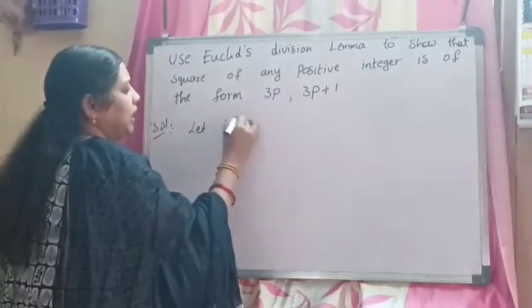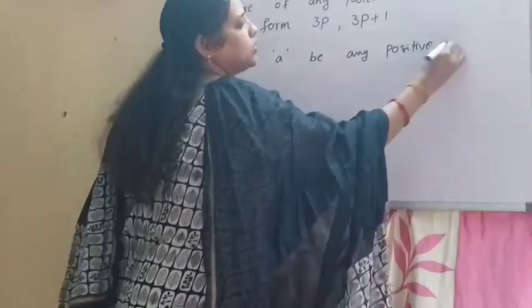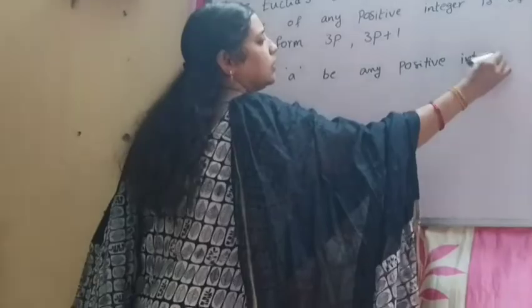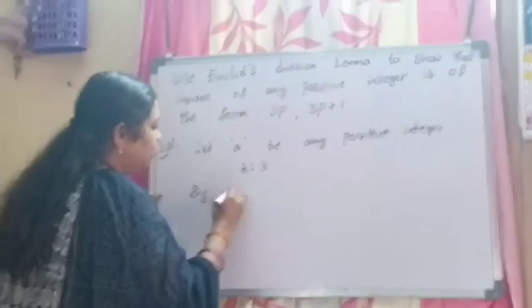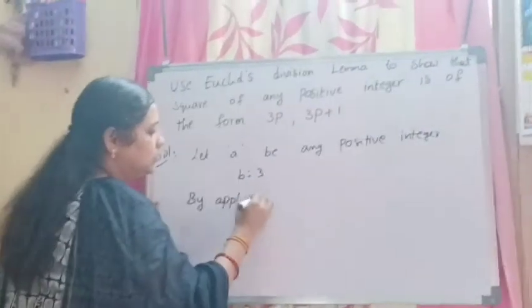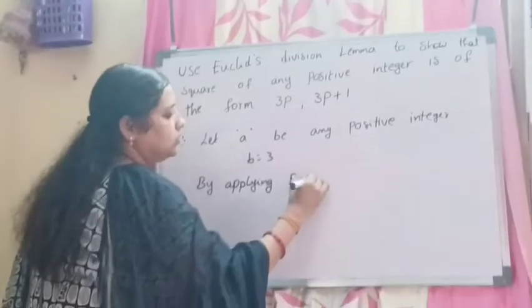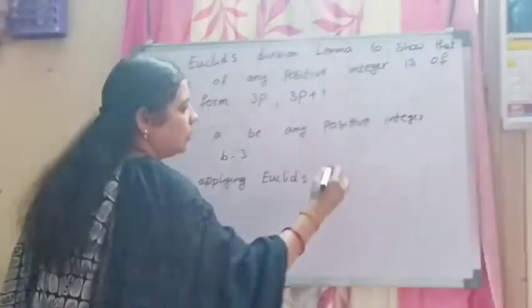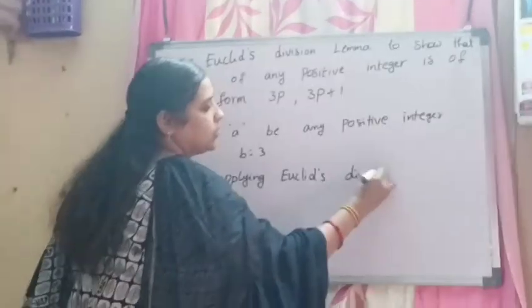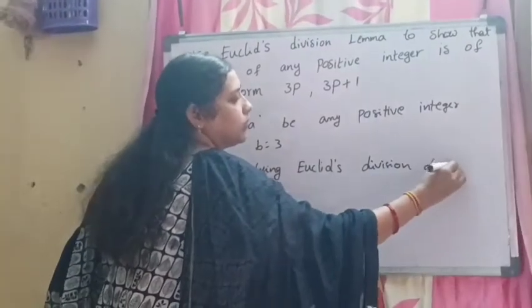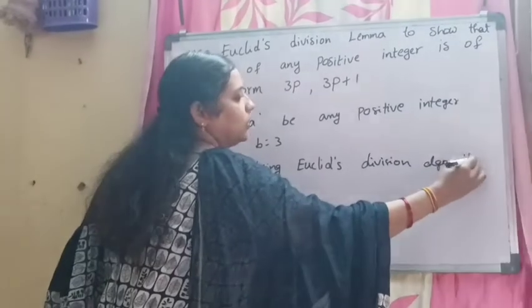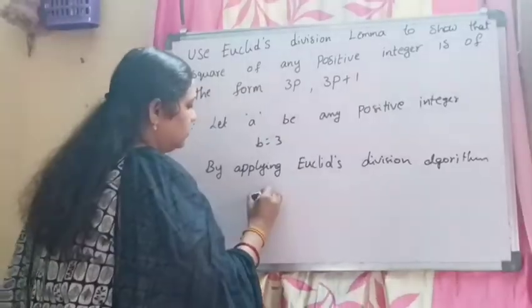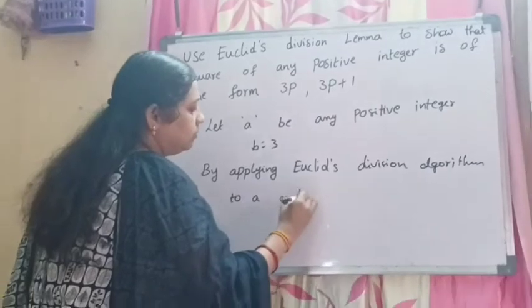Let a be any positive integer and b is equal to 3.